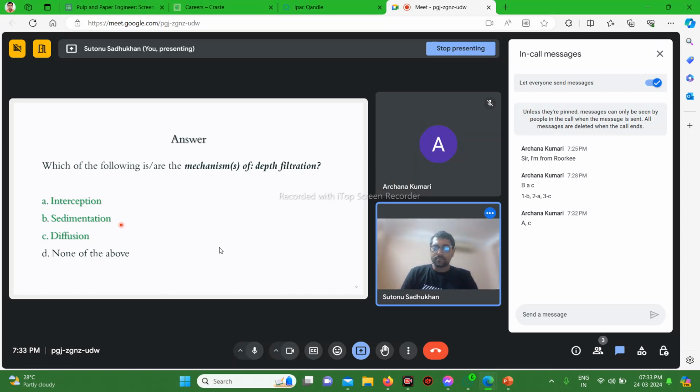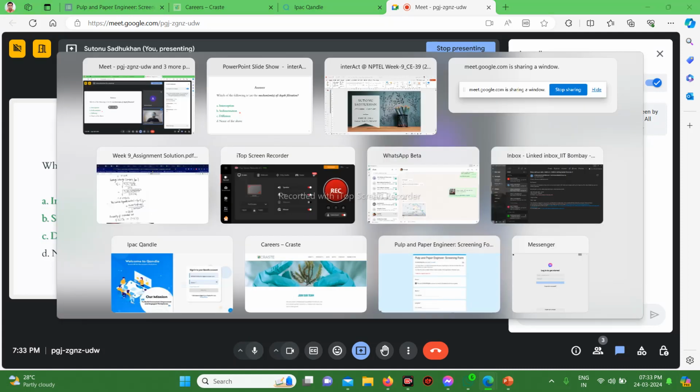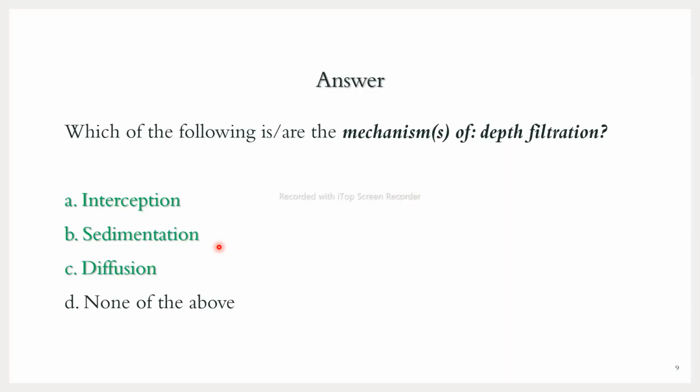And also sedimentation is also a mechanism of depth filtration. So whatever you have answered, that is correct. But if you are giving the GATE exam, then you have to select all the correct answers. That's the thing. Okay, so now let's move on.